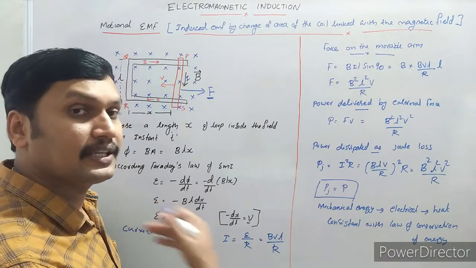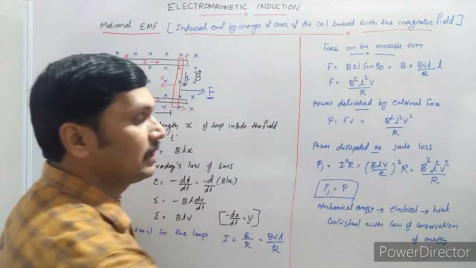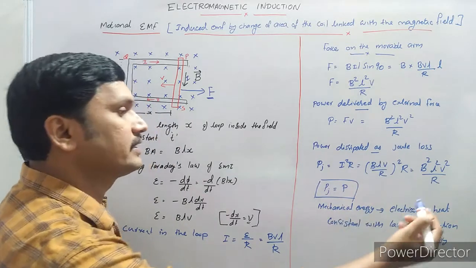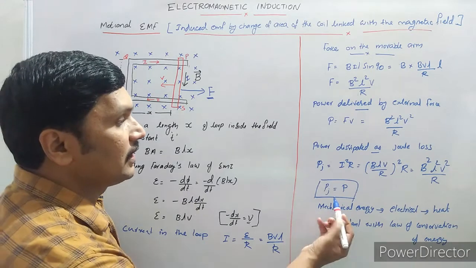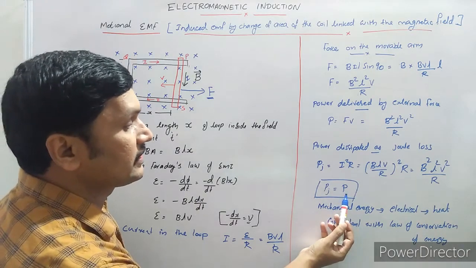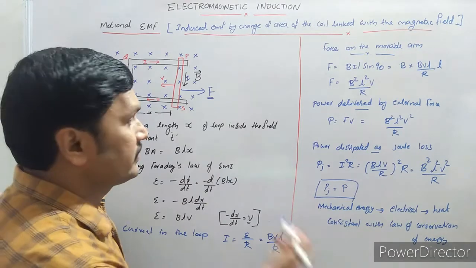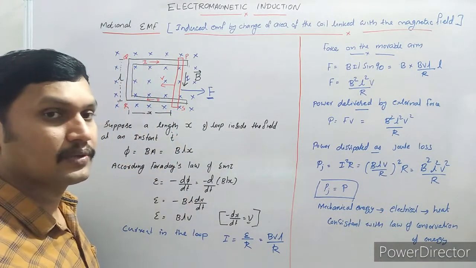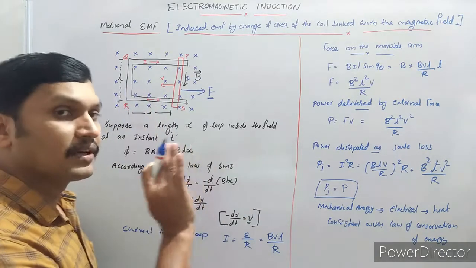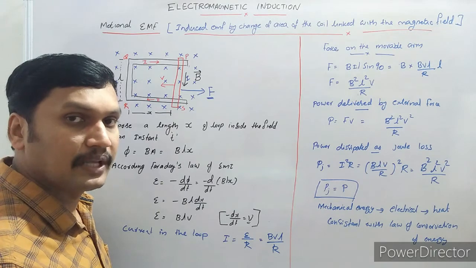So mechanical energy is converted into electrical energy, and electrical energy is converted into heat energy. And you see that the mechanical energy is equal to the heat energy produced. So the situation is consistent with the law of conservation of energy. That's all today. Thank you.